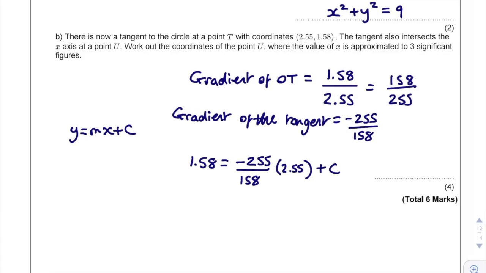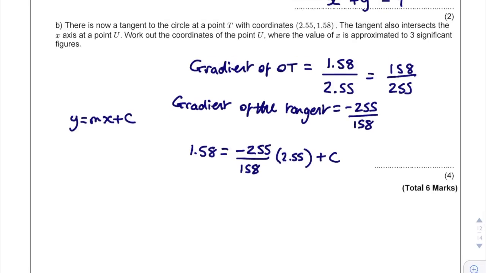If I simplify minus 255 over 158 times 2.55, I get minus 2,601 over 632. So I can add that to both sides. I'm going to get 1.58 plus 2,601 all divided by 632, and that's going to equal c.